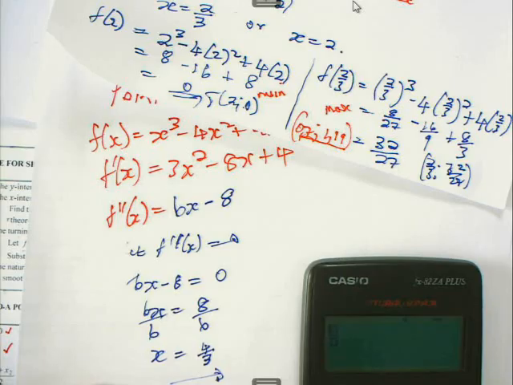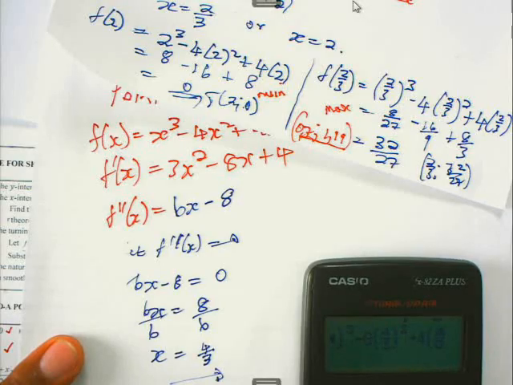Then we are going to have brackets, 4 divided by 3 to the exponent of 3, minus 8, bracket 4 divided by 3 squared, and then plus 4, and then 4 divided by 3.